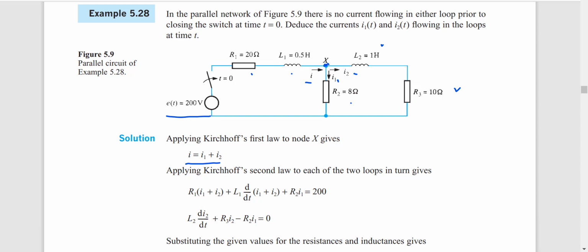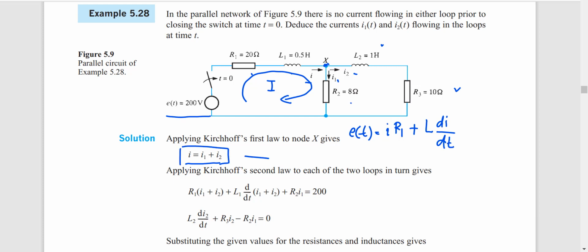In this first loop, E(t) is equal to I R1 plus L dI1 per dt, like this one. Okay, so we use this equation to replace I here.